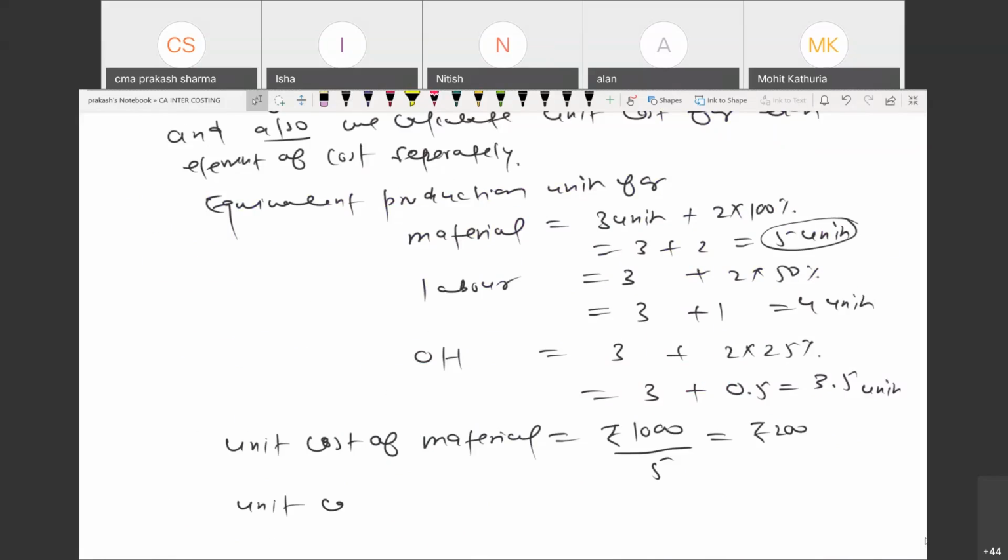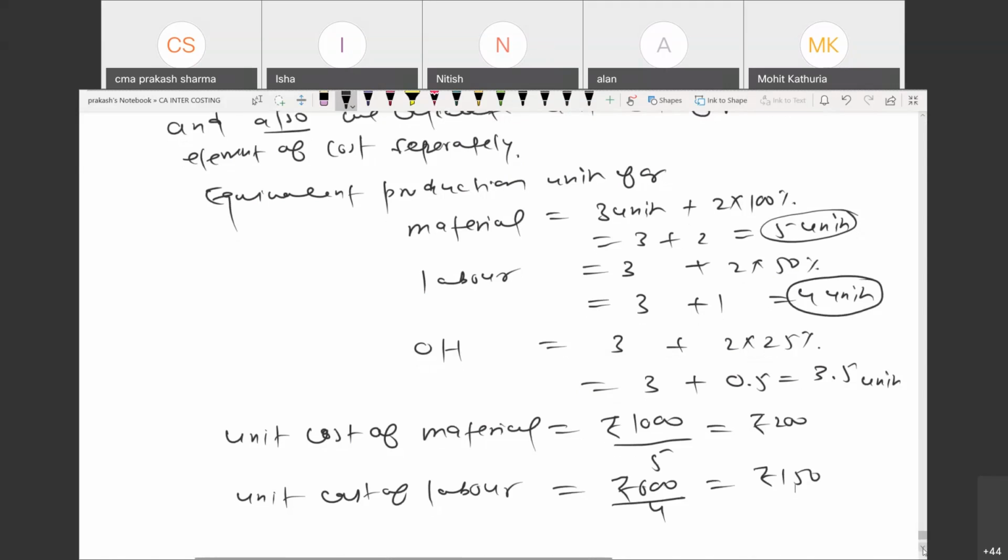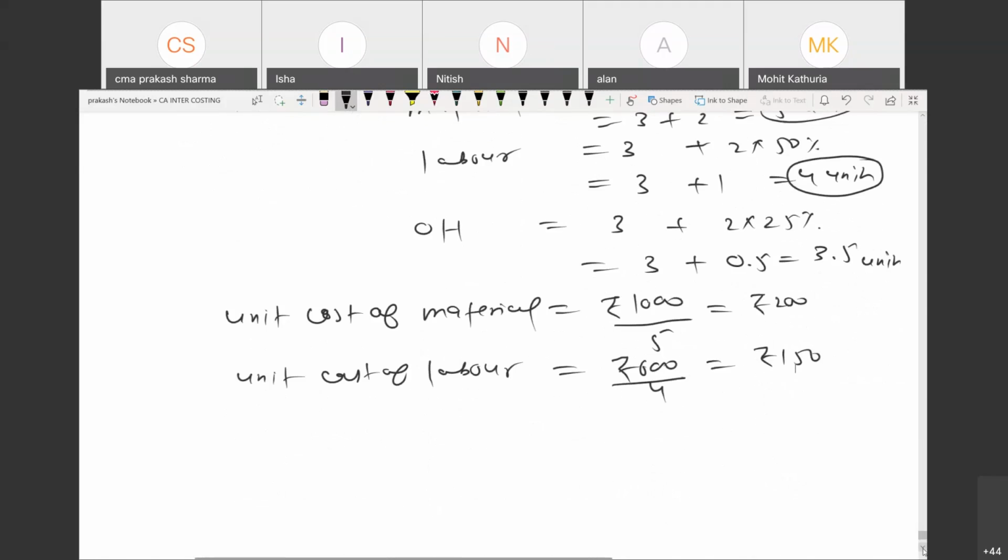Then unit cost of labor, amount of labor is rupees 600, and the equivalent unit for labor is 4 units. So it becomes 150, I guess. And then unit cost of overhead, 400 divided by 3.5.